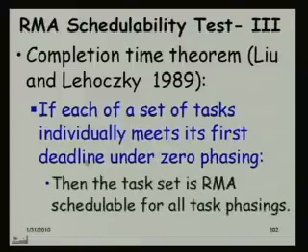If every task meets its first deadline under 0 phasing, then the task set will be schedulable. Do not have to look any further; as long as it meets the first deadline, the task set will be schedulable. But what is the reasoning behind this theorem?